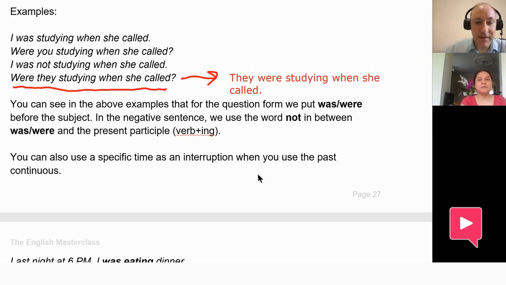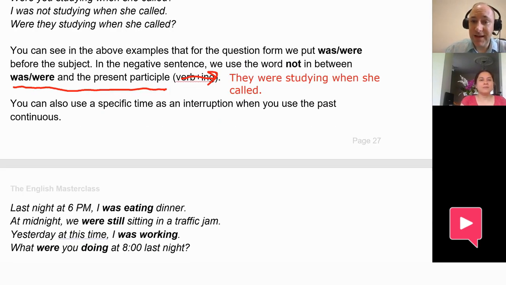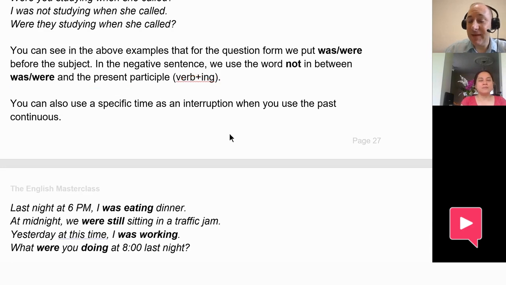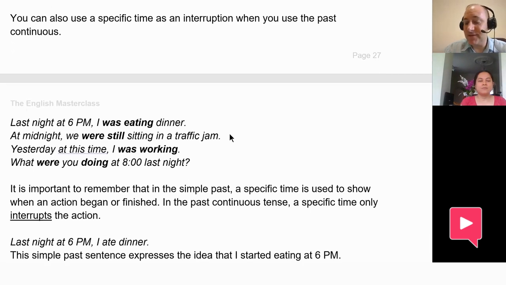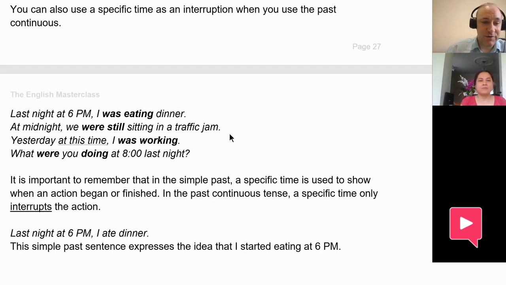Okay, good. Now, you can also use a specific time as the interruption. So even though the time isn't stopping you from doing it, it's sort of a time marker, and you can use that as an interruption in these sentences or in this structure. So let's read these 4 examples here, please. Okay. Last night at 6 p.m., I was eating dinner.